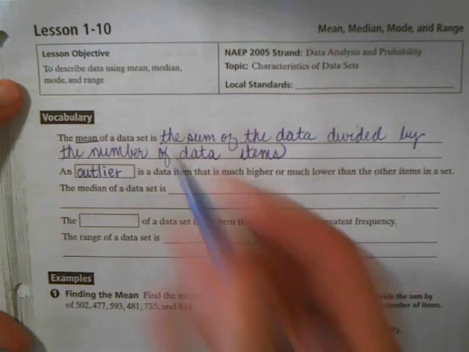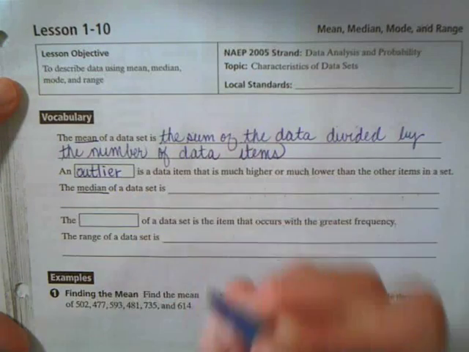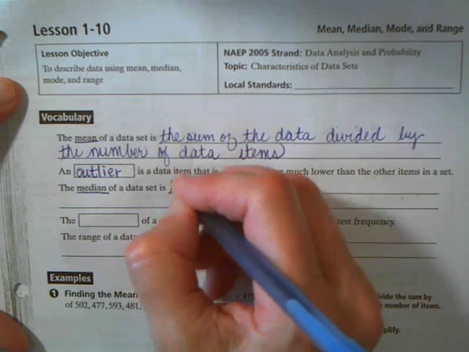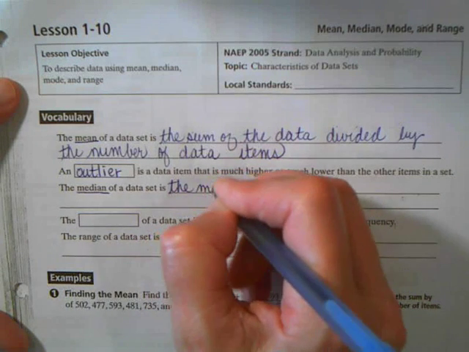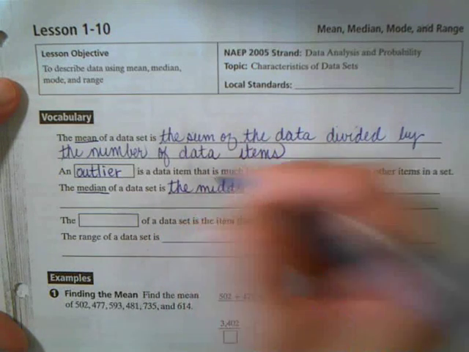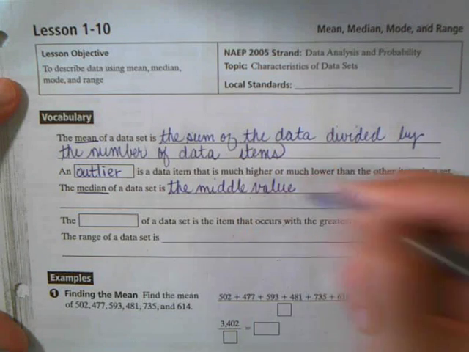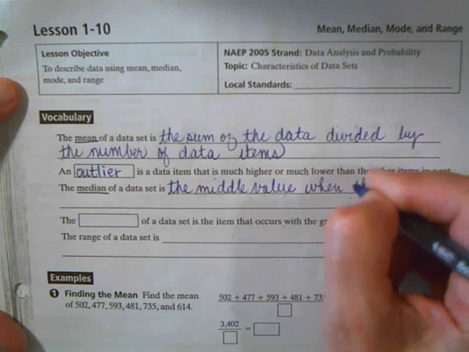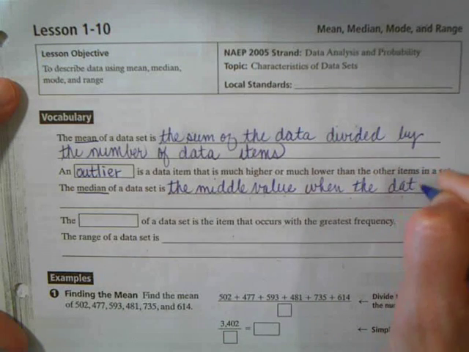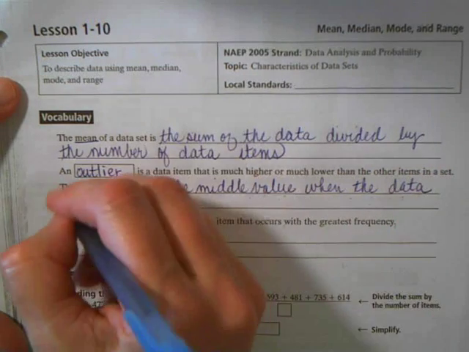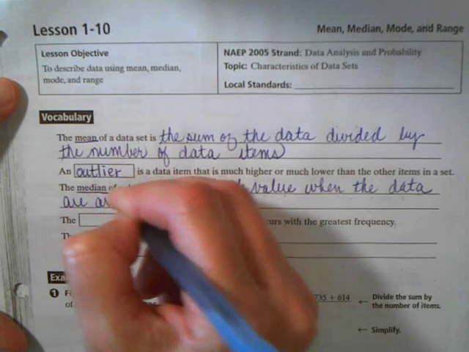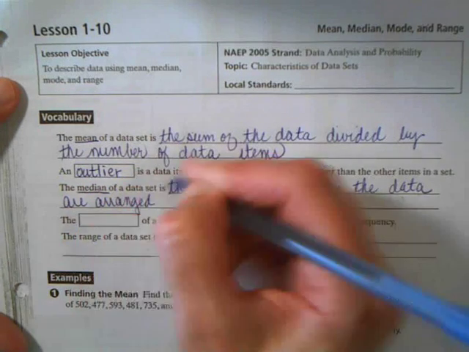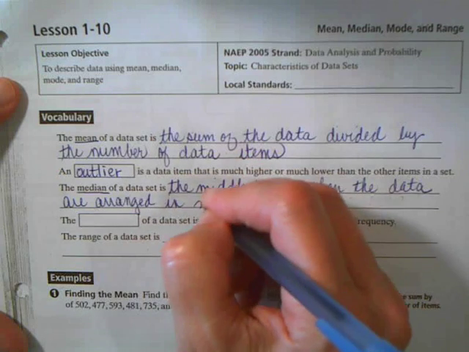The median of a set of data is the middle value when the data are arranged in numerical order.